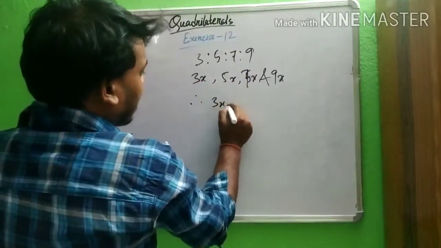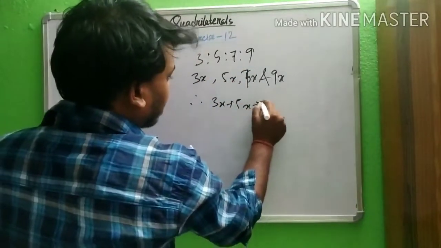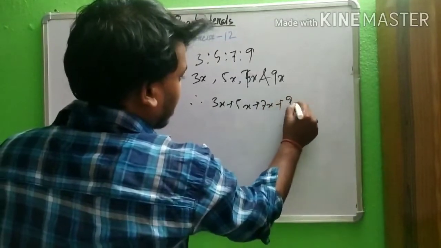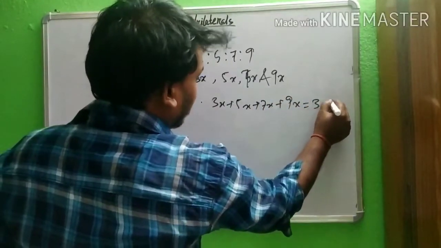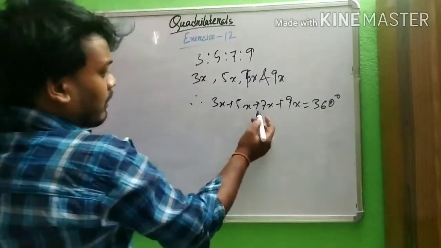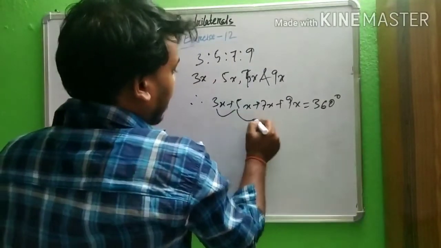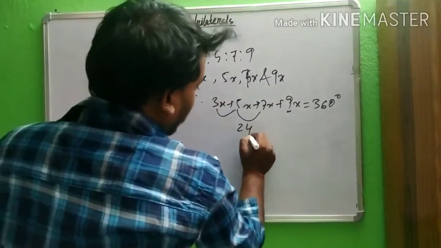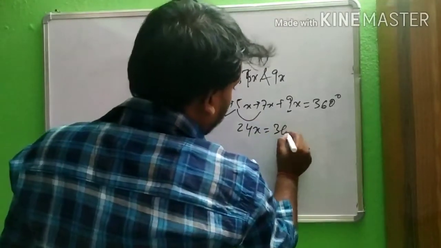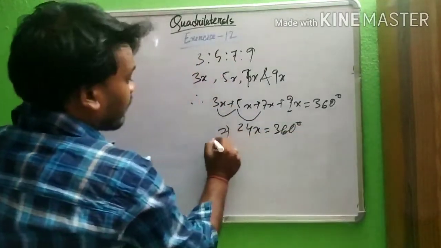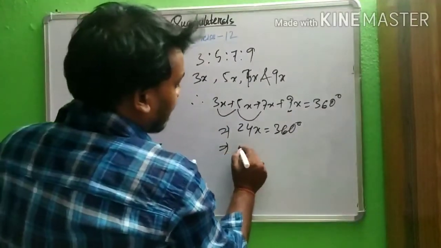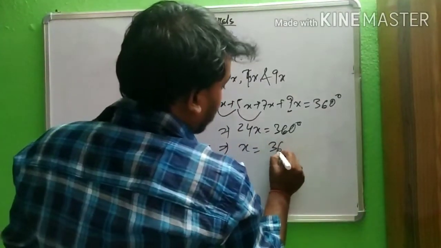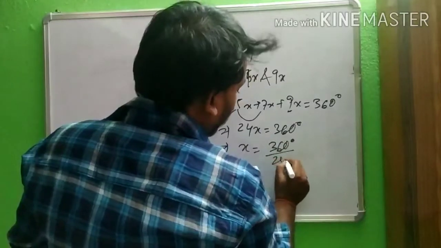So 3x plus 5x plus 7x plus 9x equal to 360 degrees. So what is the value? 3 plus 5 is 8, 8 plus 7 is 15, 15 plus 9 is 24. So 24x equal to 360, which implies x equal to 360 divided by 24.